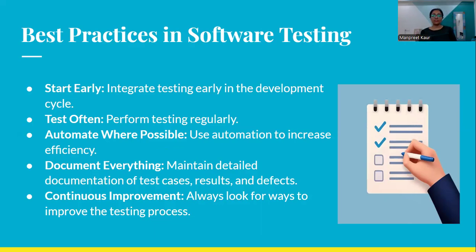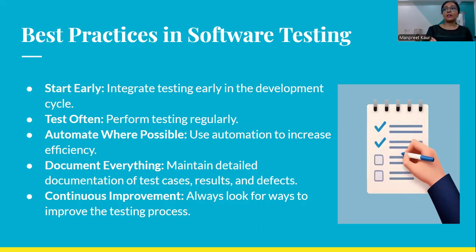And test often. So we have to perform testing regularly, and automate wherever possible. If we want to do some boring steps faster than the manual test, then we can automate those scripts. Especially in regression and smoke testing, we can always have the automation scripts in hand and do that task better.